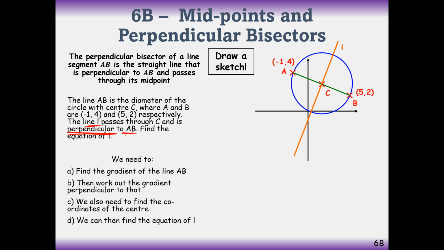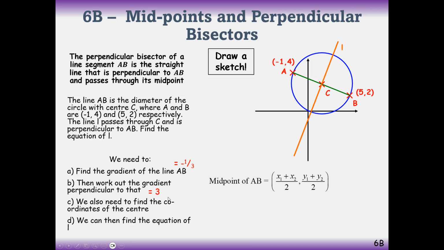Alright, so what it means is that once we've figured out the gradient of A to B, we basically need to find the equation of the perpendicular bisector of A to B. That's what L is, the perpendicular bisector. So the gradient of A to B is negative a third, therefore the gradient of a perpendicular line is positive 3, and then we are using the midpoint formula to figure out the center of the circle.